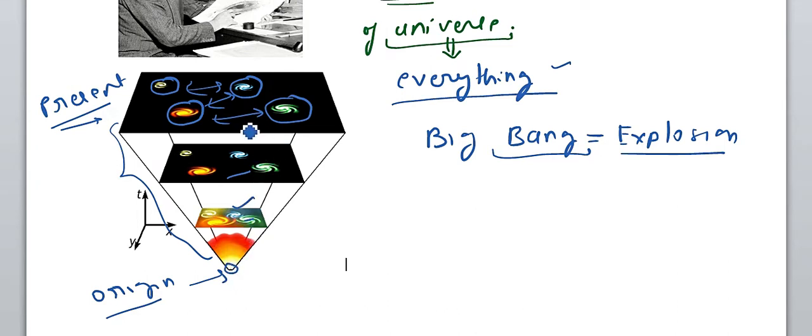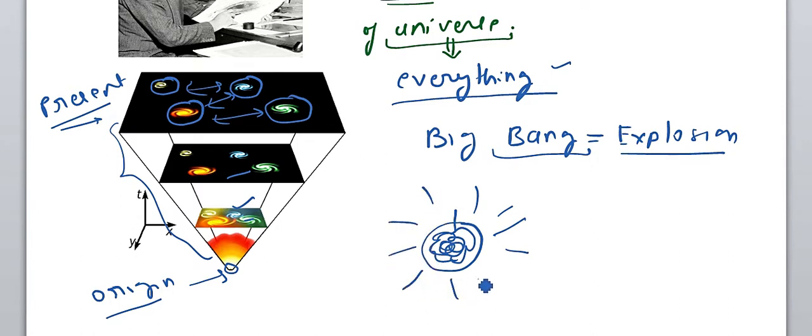This phenomenon is also observed in any explosion. If this is a bomb, filled with some kind of explosives, and when this bomb blasts, what happens? All the material, all the explosive which is there in this bomb moves away from the center.